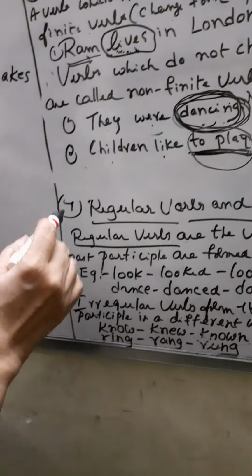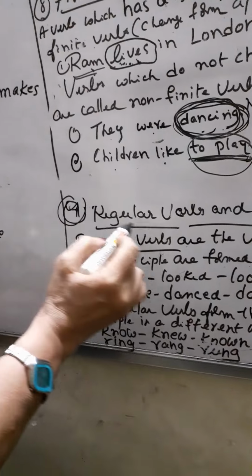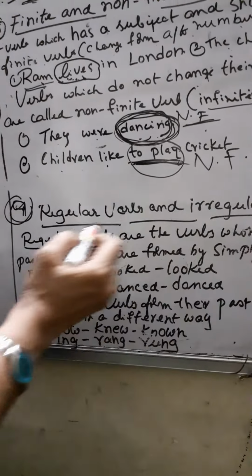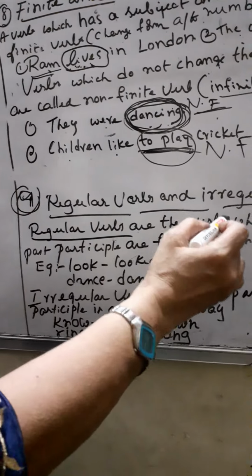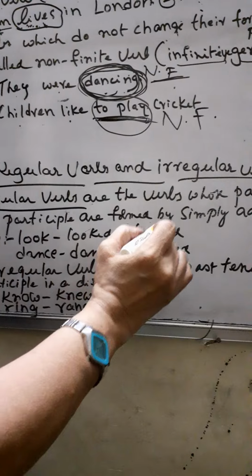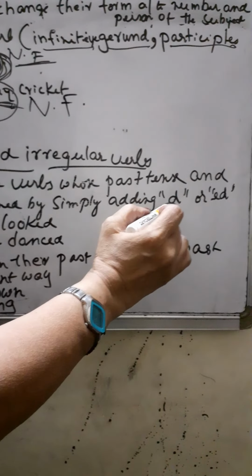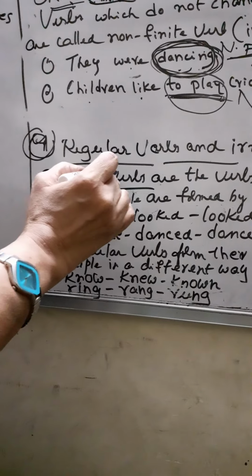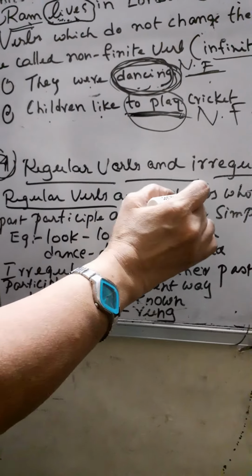Now our ninth verb is regular verbs and irregular verbs. Regular verbs are the verbs whose past tense and past participle are formed by simply adding d or ed.